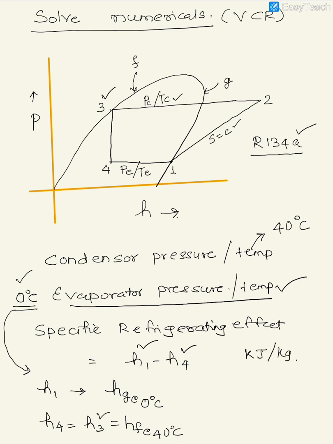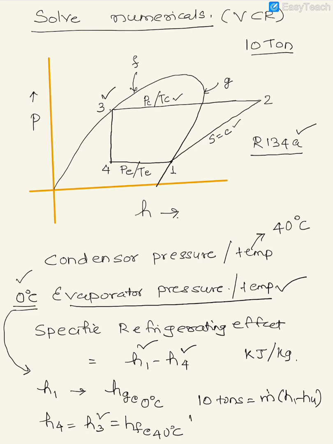Suppose you are given that the total capacity of the system is 10 tons. It means that 10 tons is equal to m dot into H1 minus H4, the specific refrigerating effect times the mass flow rate of the refrigerant.